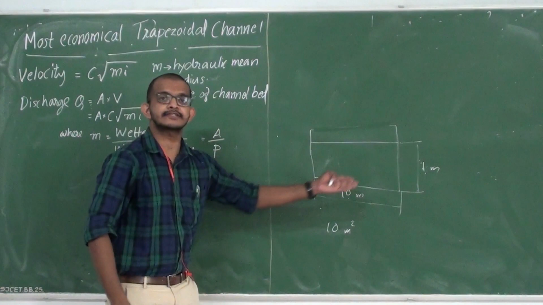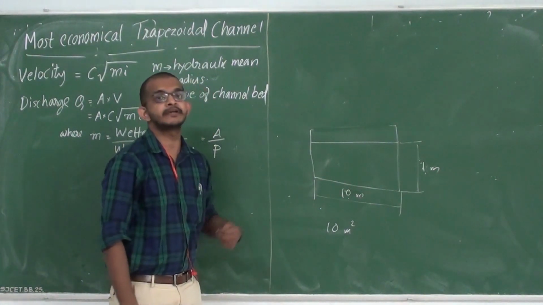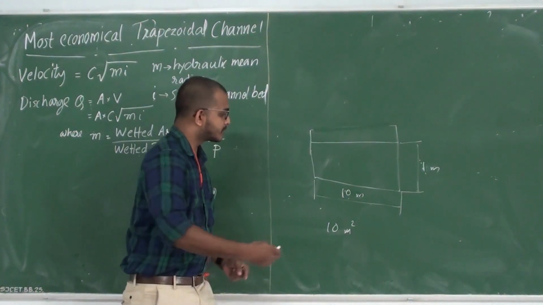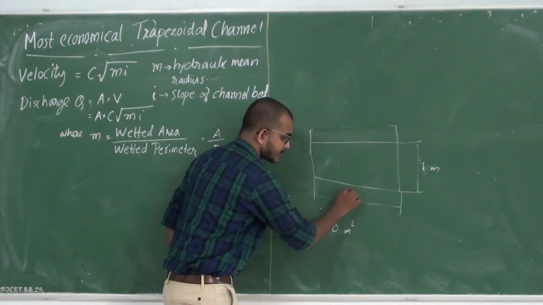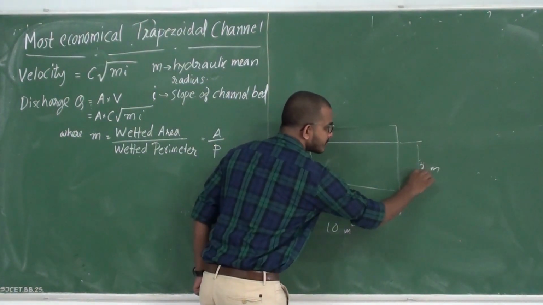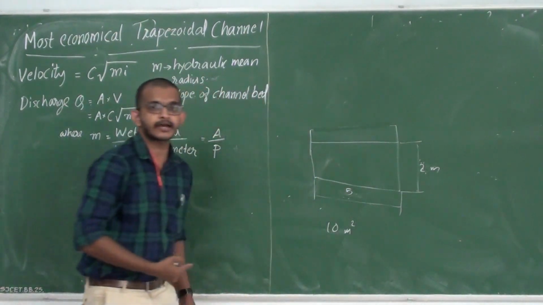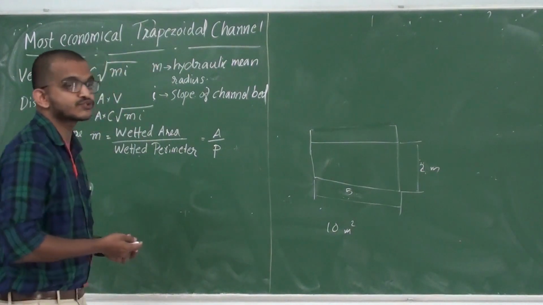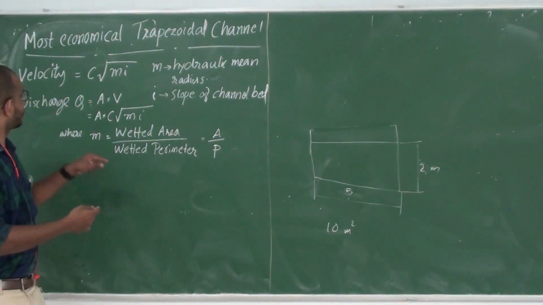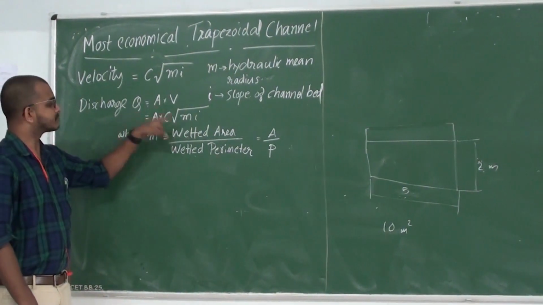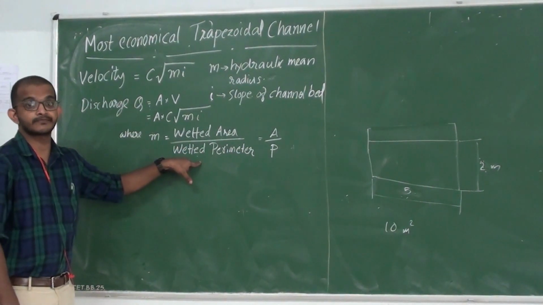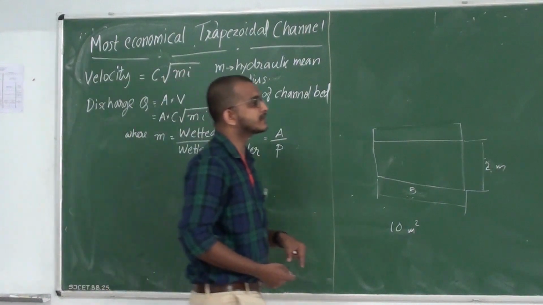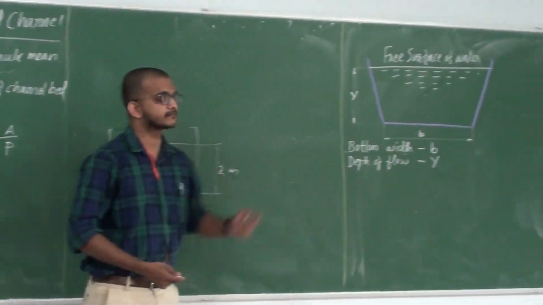So, the area is 10 meter square, but the perimeter is different. The perimeter is 10 plus 1 plus 1, that is 12 meter. And in the first case, the perimeter was 5 plus 2 plus 2, that is 9 meter. That means the perimeter is different, but the area is constant. So, when the perimeter is minimum, the discharge is maximum. So, we have to maximize the discharge through this channel.